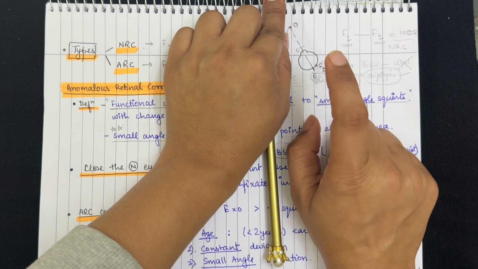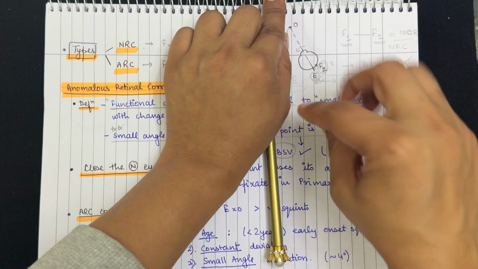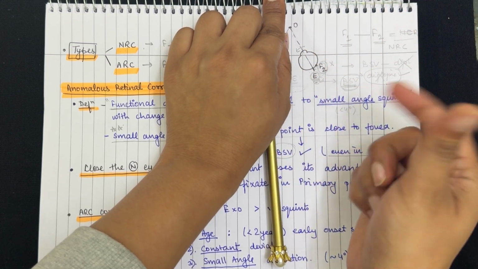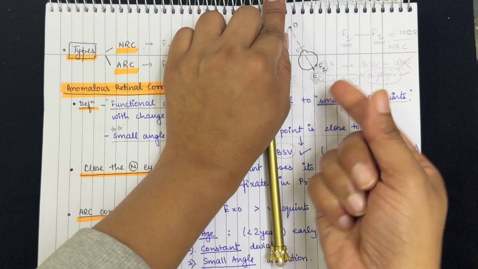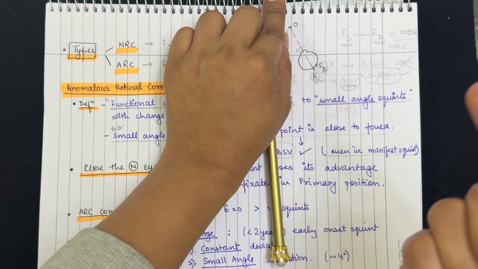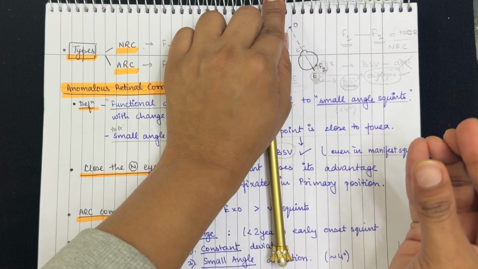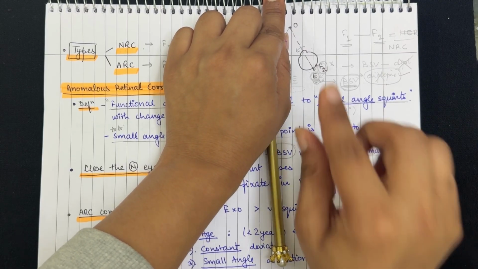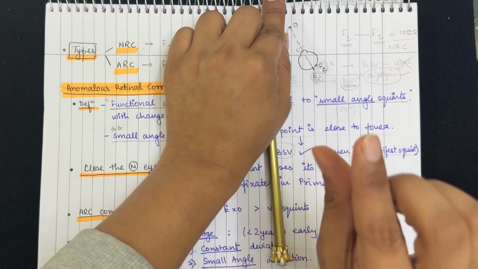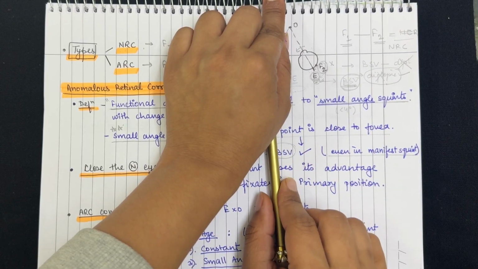So the eye will take its primary position and the image will fall on the fovea only. It refixates and comes back to primary position. This is mainly in the case of small angle squint deviation.